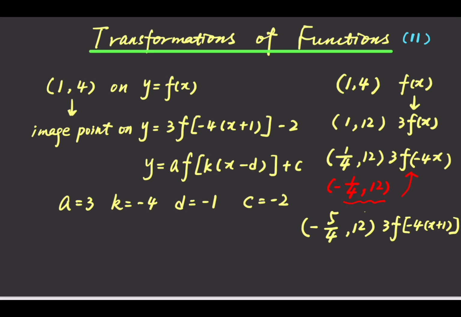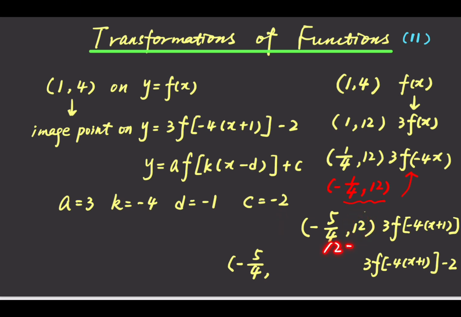After this, we can transform these points according to the parameter C. So on the final transformed function, the corresponding image point of this point should be this point. That is to say, the x-coordinate should be kept unchanged, but we need to move the y-coordinate downwards by 2 units.